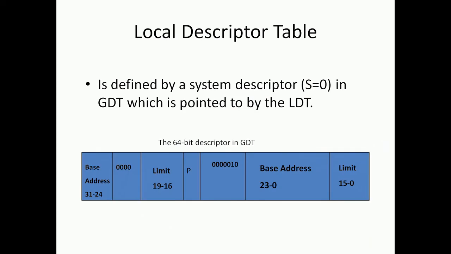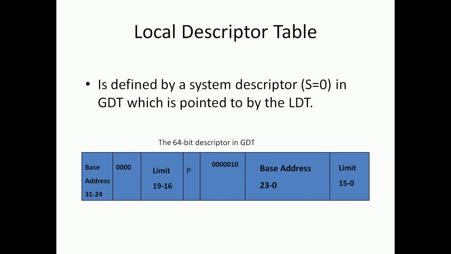But now we look at LLDT. LLDT will point to some selector inside the GDT. What is that selector? That descriptor will have a 32-bit base and a 20-bit limit with a present bit, and there is some bit pattern 0, 0, 0, 0, 0, 1, 0. This is how that 64-bit descriptor is organized.